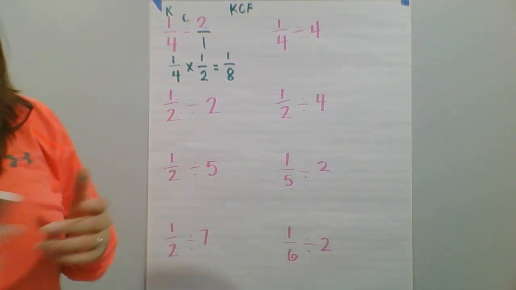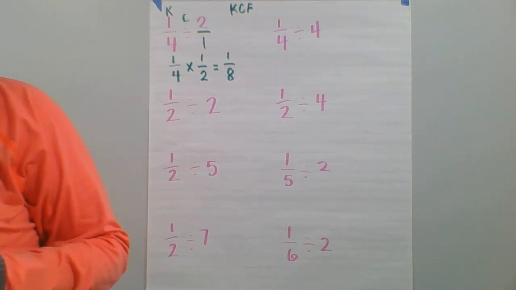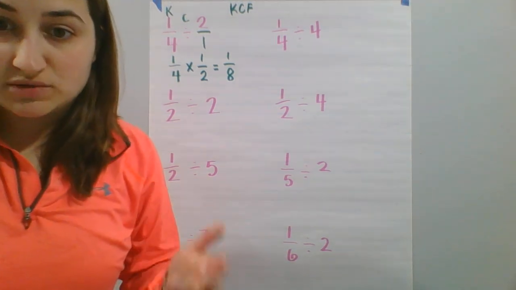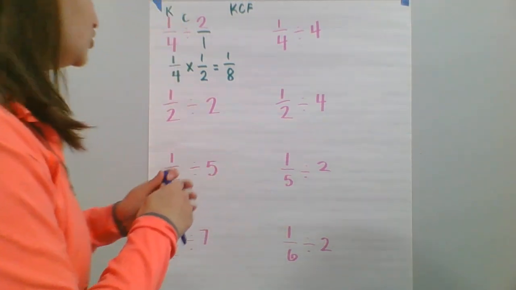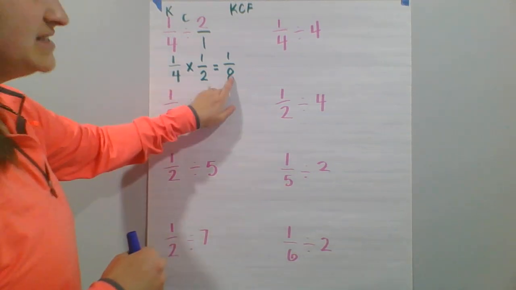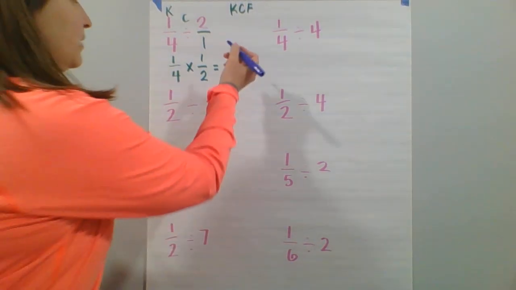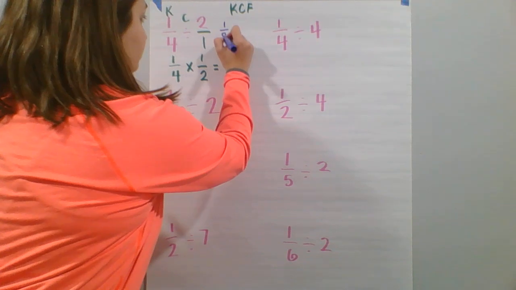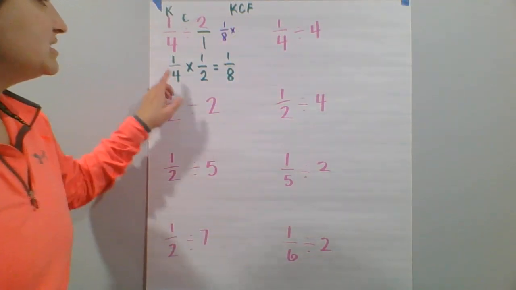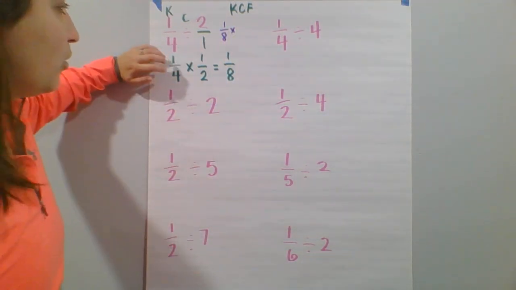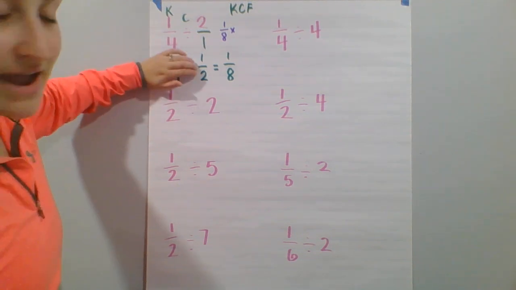And then just like we did yesterday, another way that you can check your work is using multiplication, turning this around and taking our fraction that we got, which was 1/8, and multiplying it by our whole number.